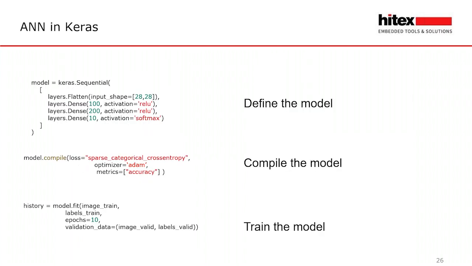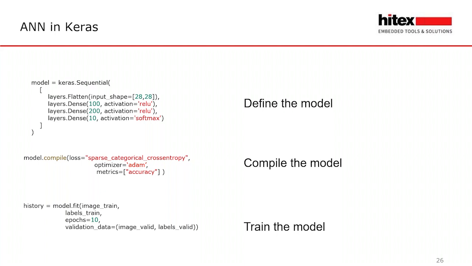So when we are creating our model, just to have a look at a little bit what the code looks like. So at the top here, we're defining our model. So first of all, this is a sequential model, so that each of the layers that we're defining will be executed one after the other. So the inputs at the top, so we're inputting an image which is 28 by 28 pixels.